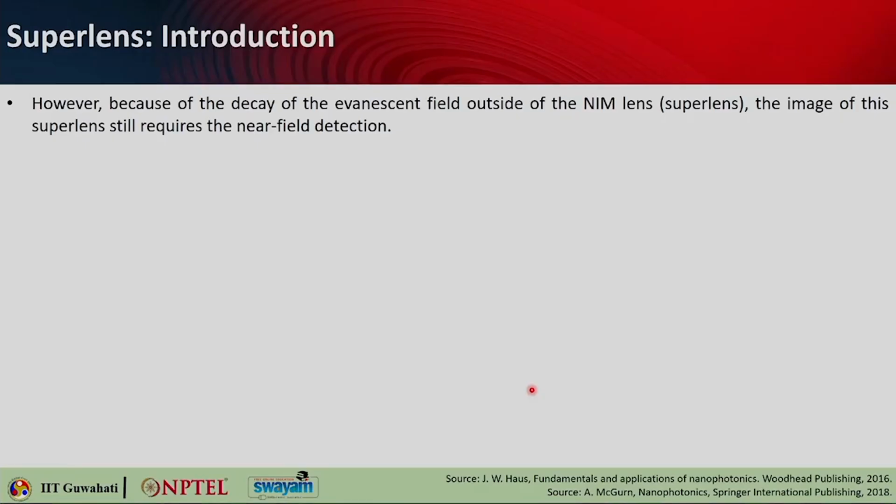However, there is a small problem: inside the negative index material the evanescent wave does get amplified, but outside of that material it again decays. So, you cannot image this information from the far field; you still have to do the detection in the near field.